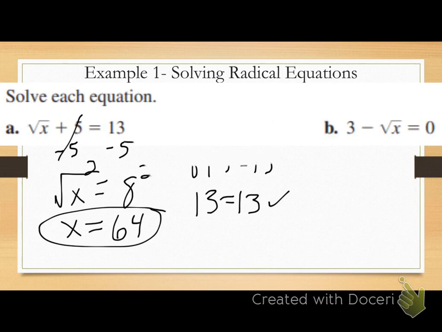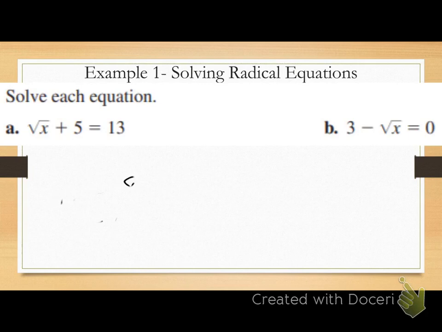Letter B. Is the square root by itself? No. What's one thing I need to do to get the square root by itself? I can subtract 3 from both sides. Look at the negative square root of x equals negative 3. What's the next thing I need to do to get the radical by itself?